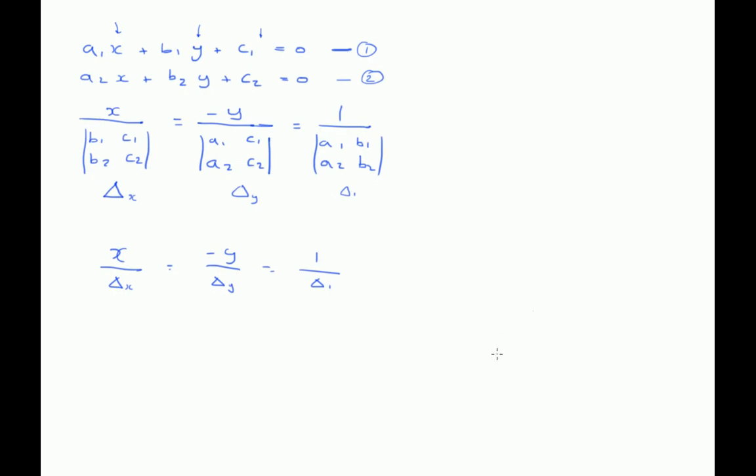In the next set of videos, instead of looking at these second order determinants, we're going to look at determinants of order 3. So we have a1, b1, c1, a2, b2, c2, a3, b3, c3.